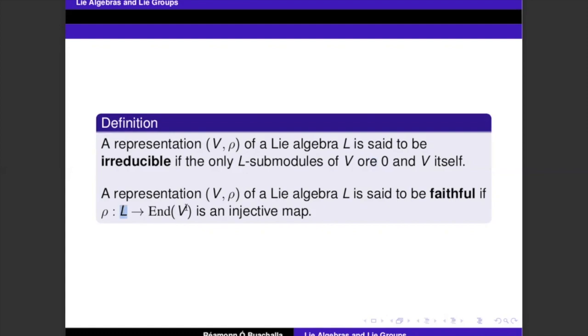In fact, the map rho gives us an isomorphism of Lie algebras between L and the image of L inside here. The kernel is zero, so it will be an isomorphism, allowing us to identify it. Think of it almost as an embedding of L into the linear operators, or with respect to a choice of basis, the matrices.